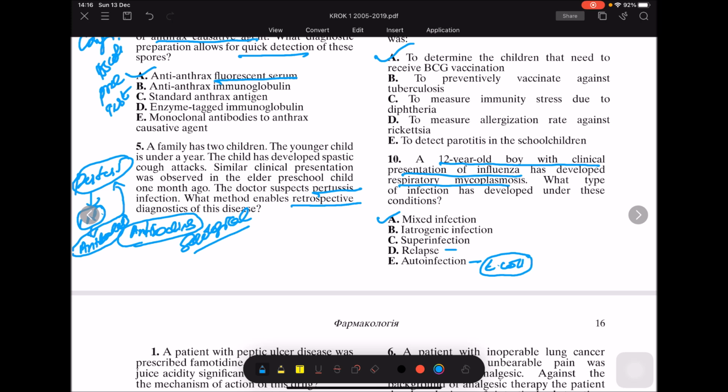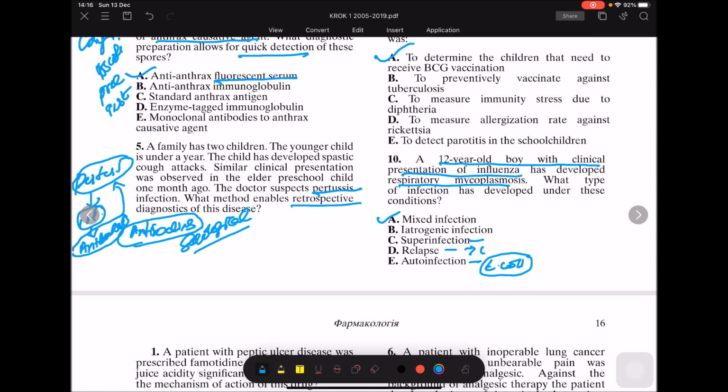Relapse is when the disease is cured and after some time it appears again. That is called relapse. And then superinfection: primarily I had a disease and I recovered from it, but another agent causes another infection.